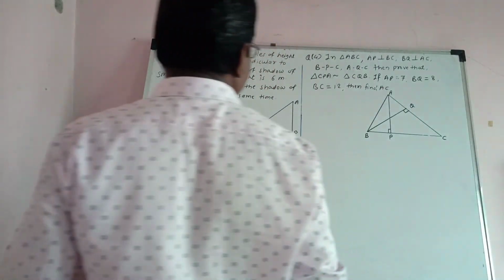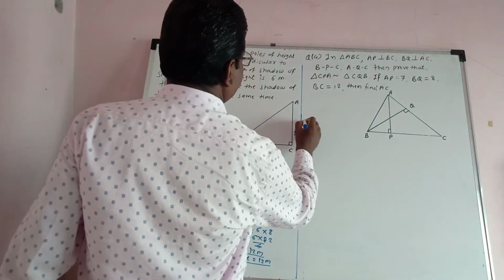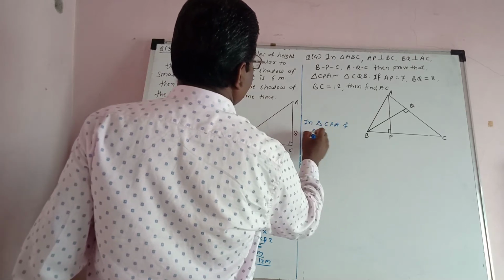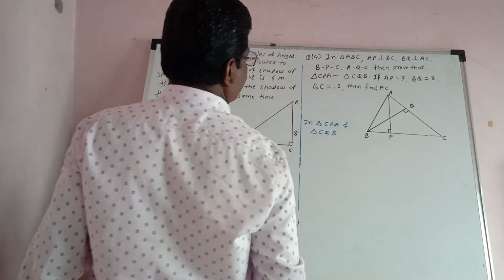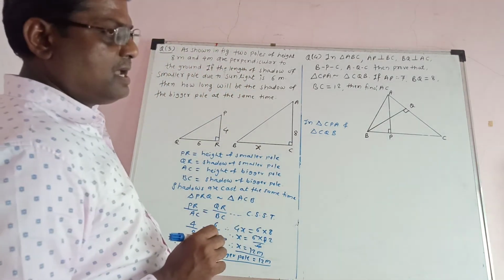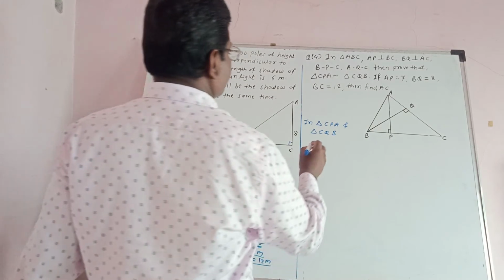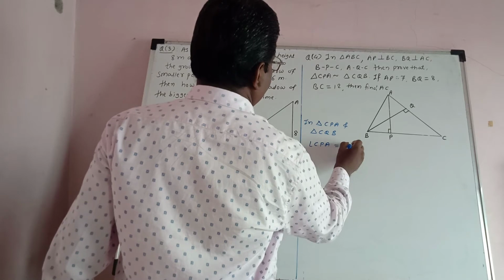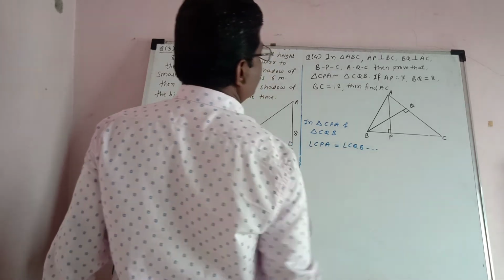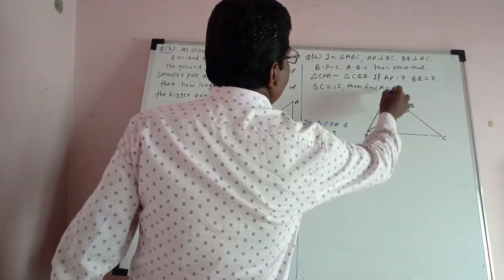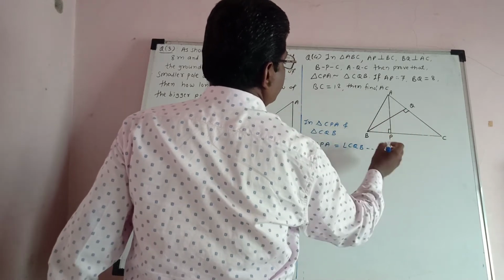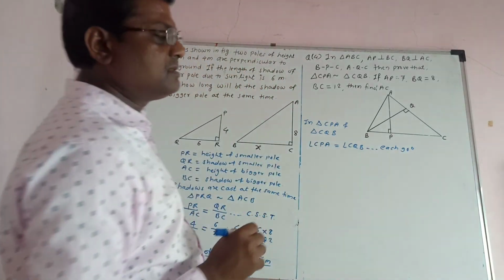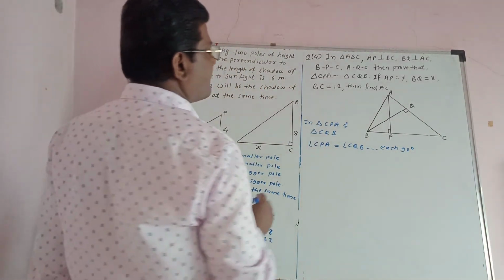Now consider two triangles. In triangle CPA and triangle CQB, angle CPA is equal to angle CQB, each 90 degree, which is given.